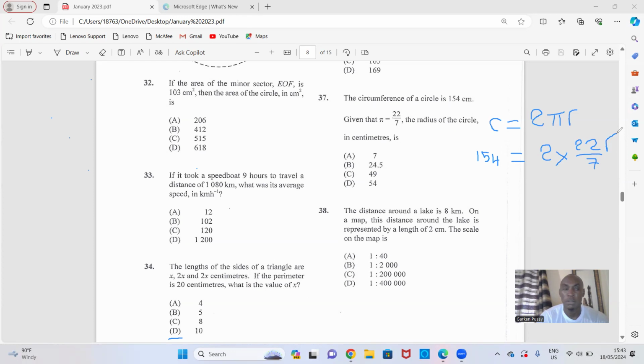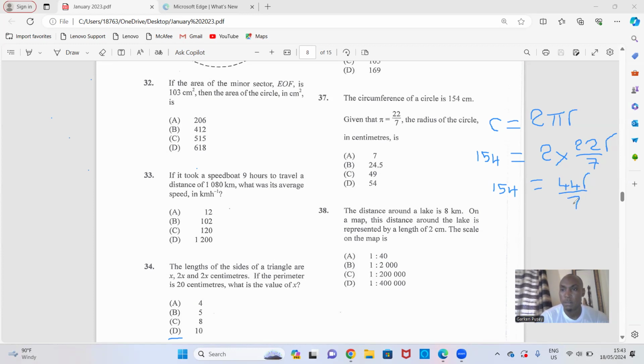All right, so what we can say is 154 is equal to, so 2 times 22, that's 44, times r is 44r over 7.